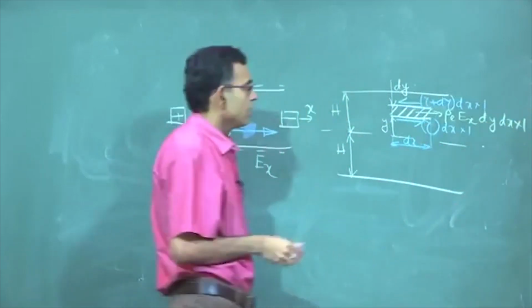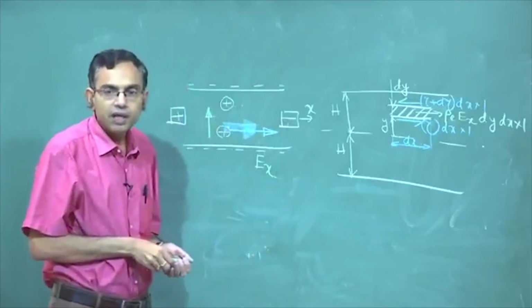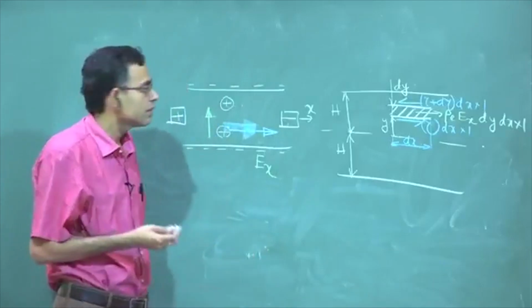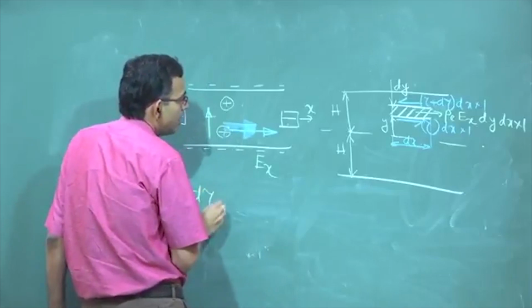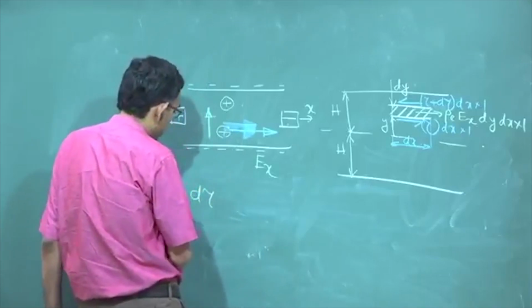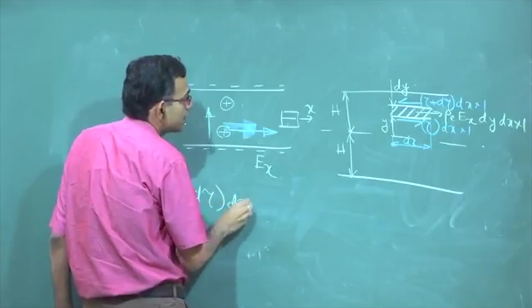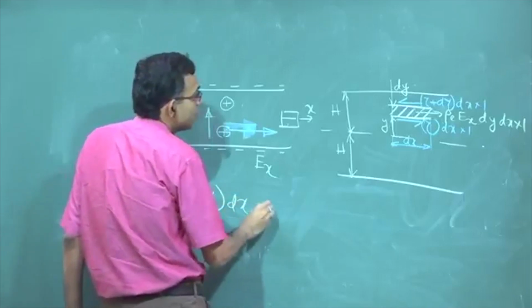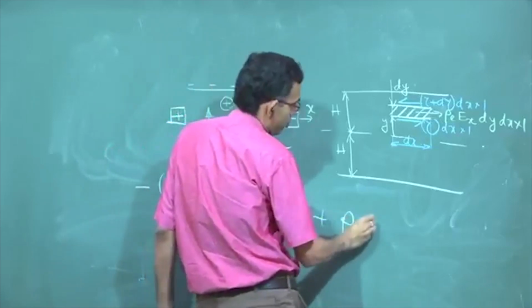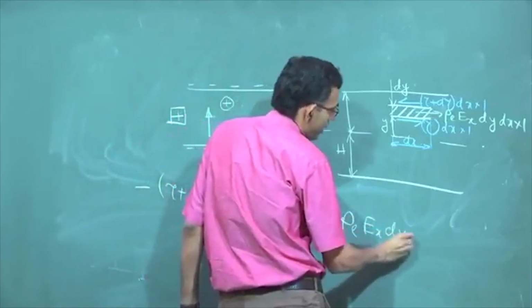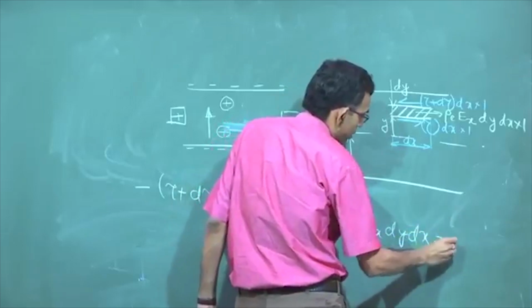Now, if the flow is fully developed, all forces are balanced. So that means tau plus d tau into dx, minus tau dx, plus rho e into Ex into dy dx, is 0.